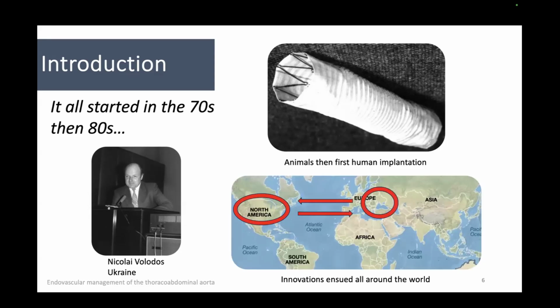Then ensued, as most of the science did in these years, some kind of a competition, mostly between Ukraine at first, and then the west of Russia, and then Europe, and between this part of the world and North America.